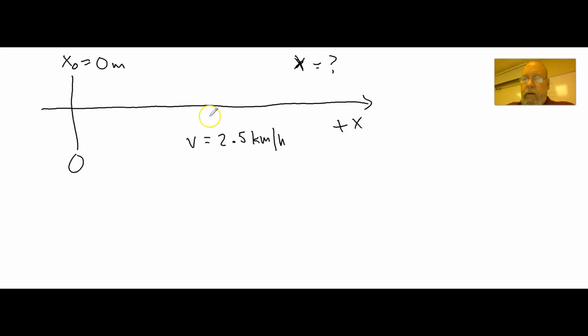But in order to show that this is a constant velocity, or at least an average velocity, I don't know what the velocities in between or during the whole thing are, but I'm just going to say that my velocity looks like this. Okay, I'm going to pretend that it's constant the whole time through at 2.5 kilometers per hour. Okay, and again, I don't have any information about acceleration.